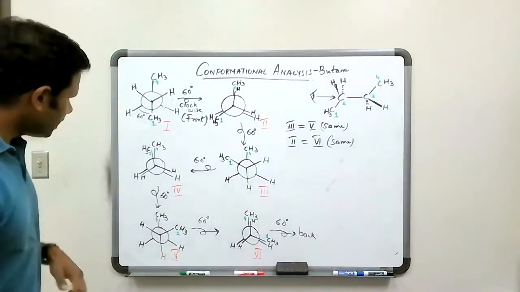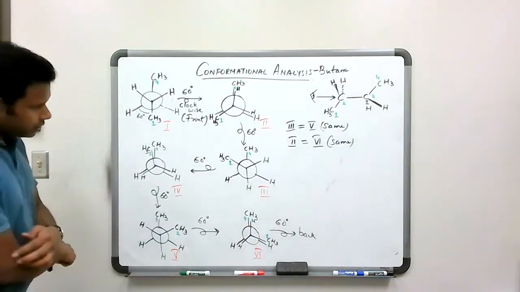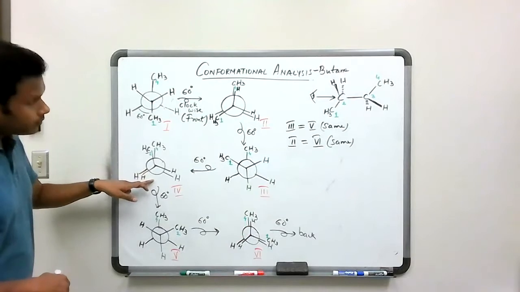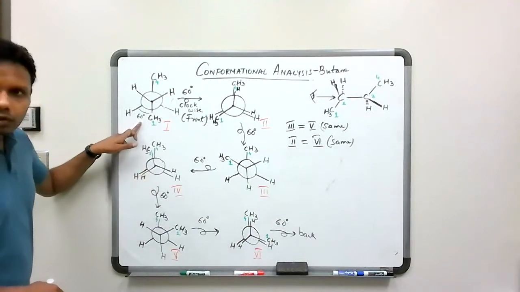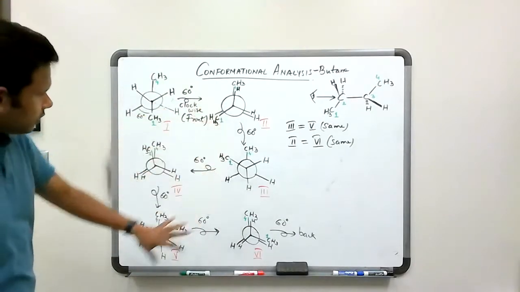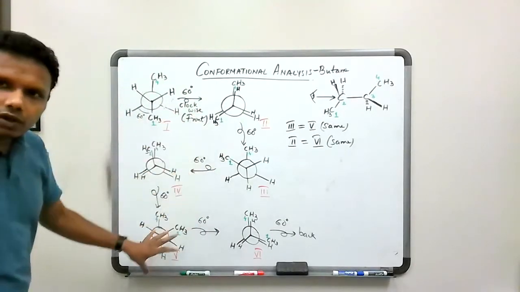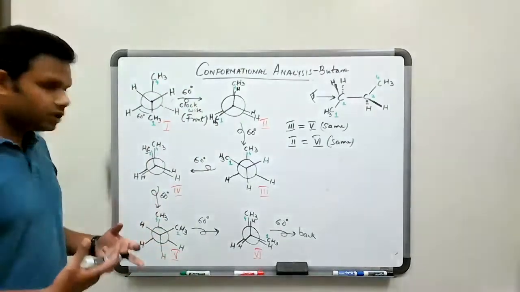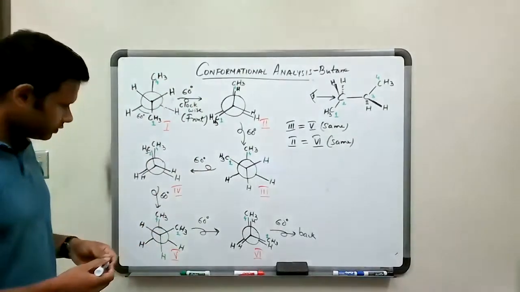Okay, now we are left with structure 4 and structure 1. Those are the two that we are left with. And if we look at all of these, which one of these conformations looks like the worst, in terms of it should be the least stable of all of these?